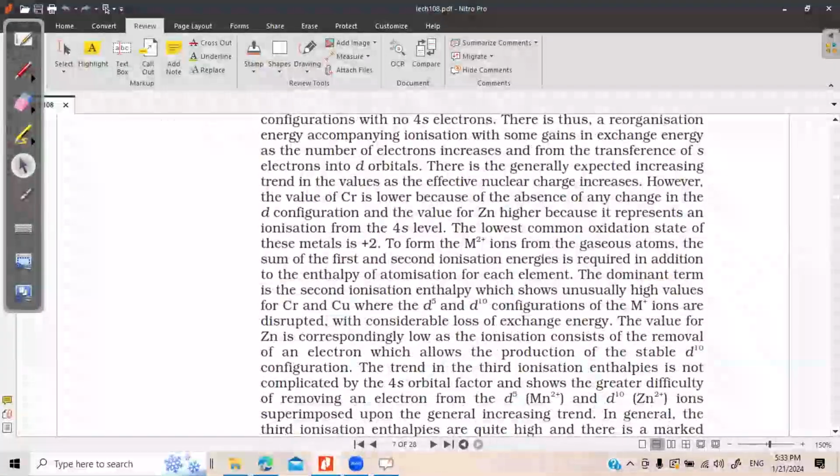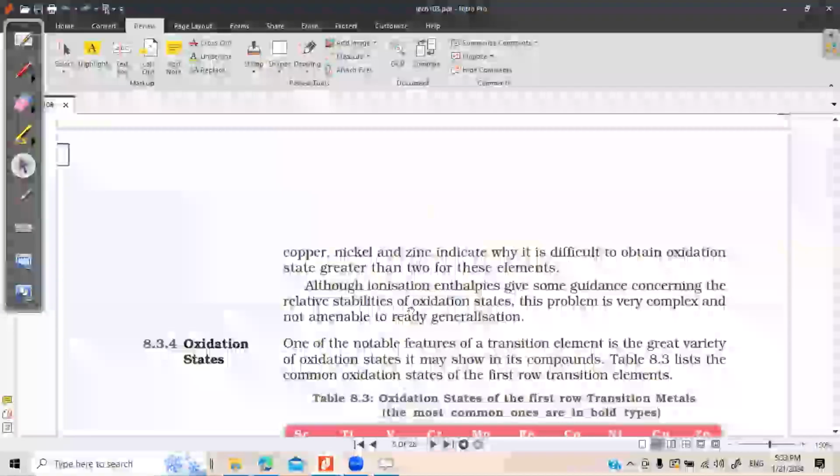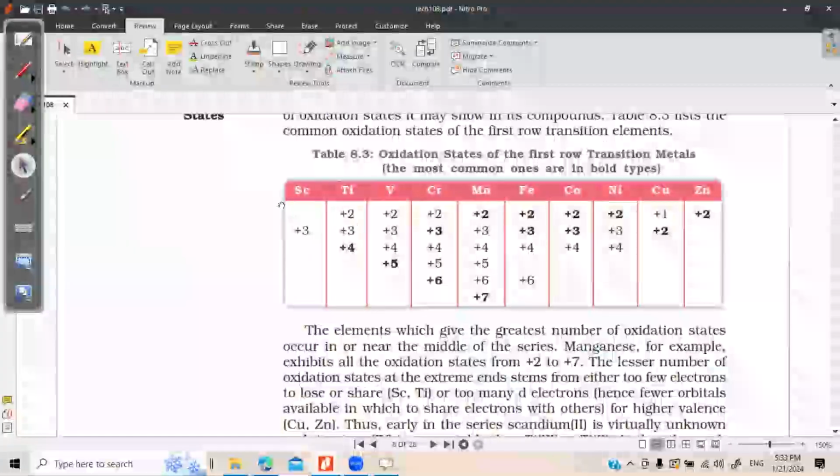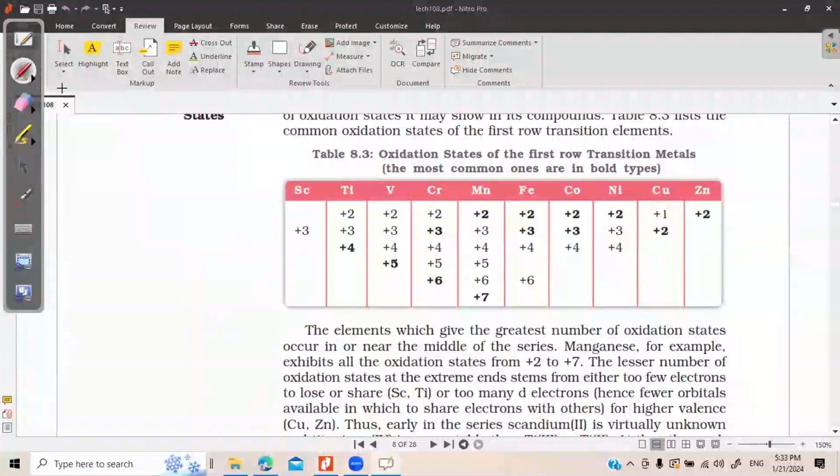Ionization enthalpy, taking out an electron. So these are the common oxidation states. A very commonly asked question in board exams is which transition element in the 3d series has only one oxidation state? You might say zinc also has only one oxidation state. But the question was which transition element?